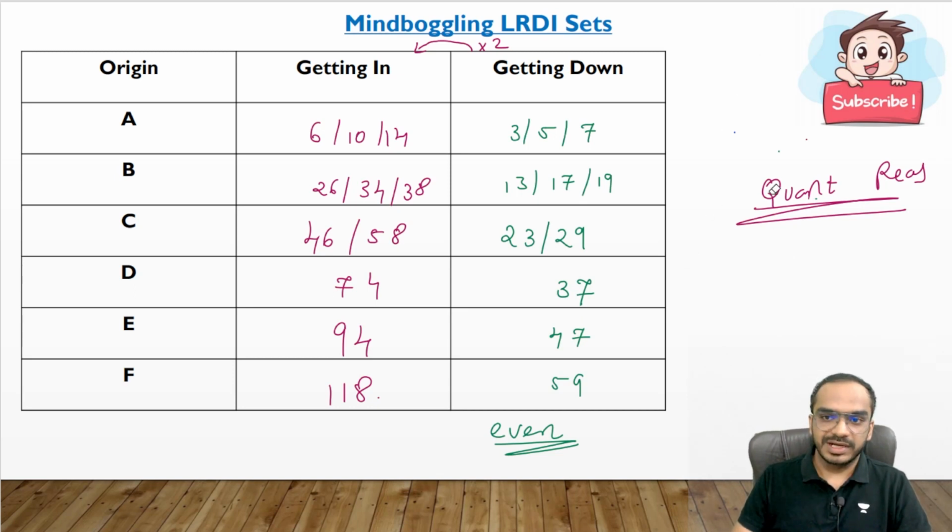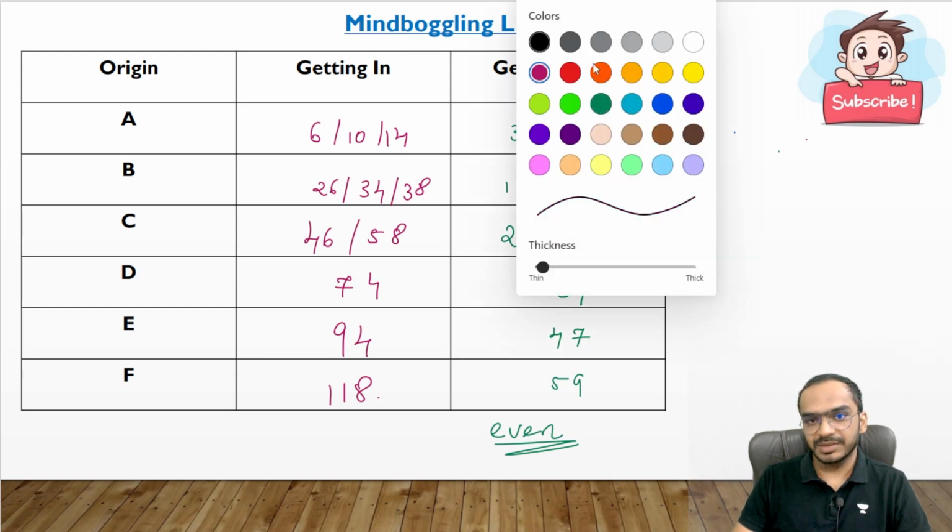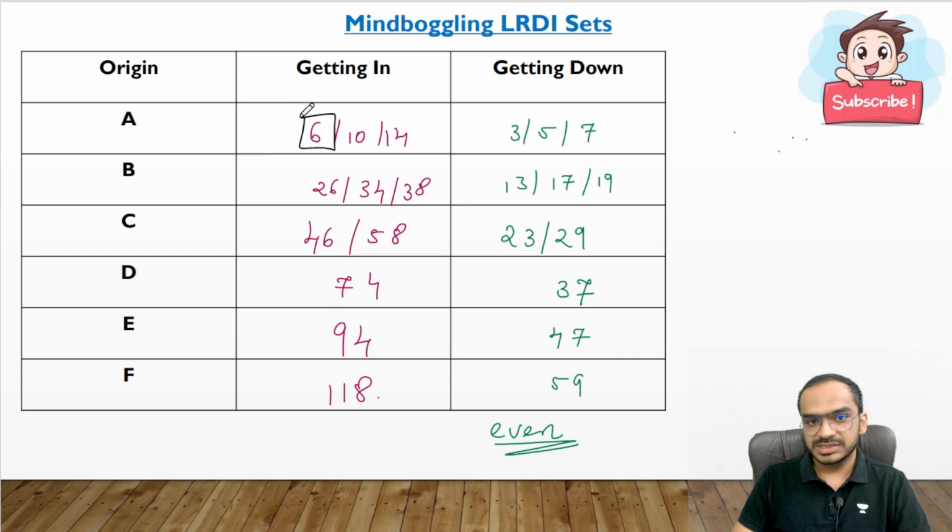Now let us look at what more we can eliminate. If I take the minimum number from here, let us say the number of people getting down is 6. From here we can take 3. So 6 plus 20 is 26, minimum possibility. Let us say 13. From here we can pick 46, and from here we can pick 23.